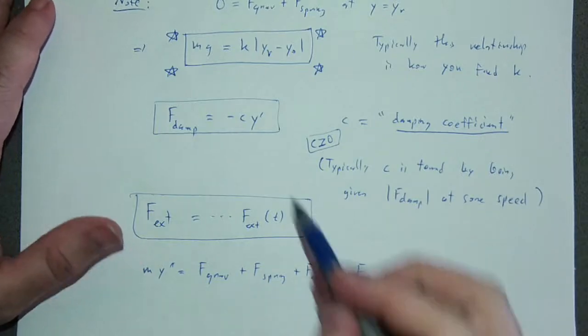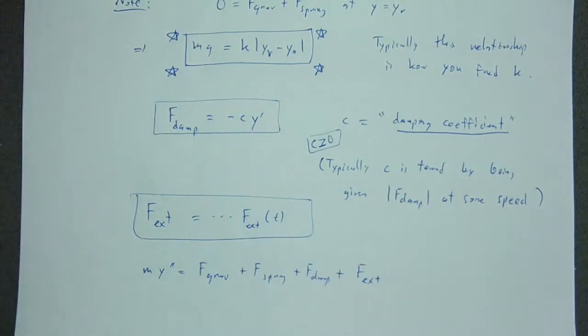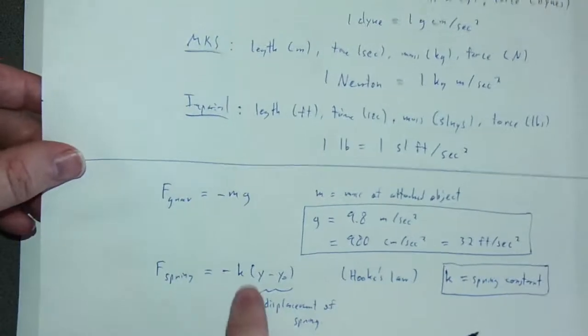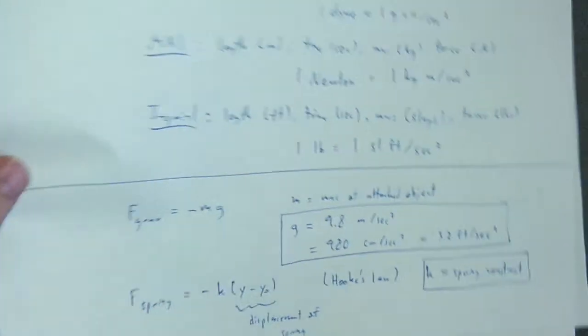Notice all of these had minus signs in front of them: minus c y prime, minus k times y minus y naught, then minus mg here.